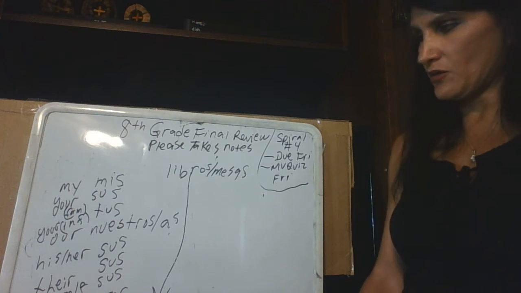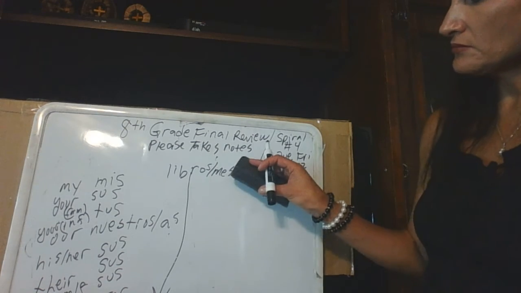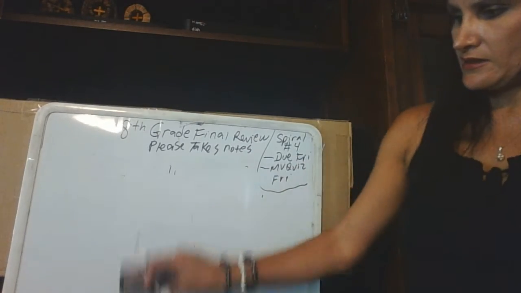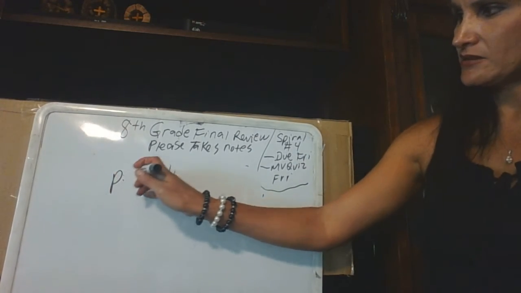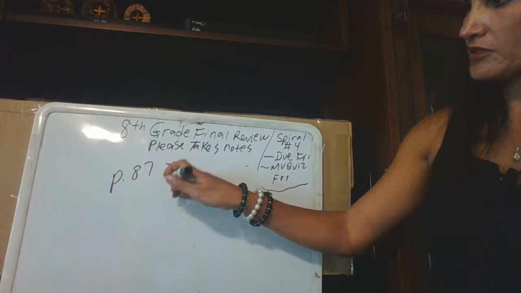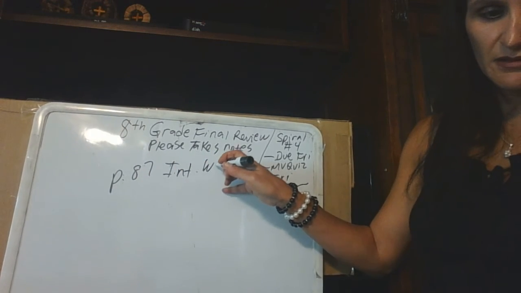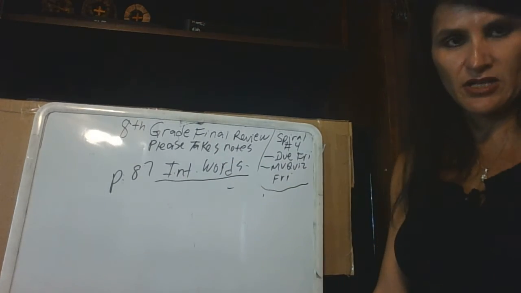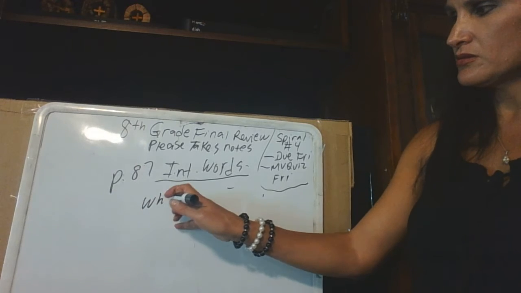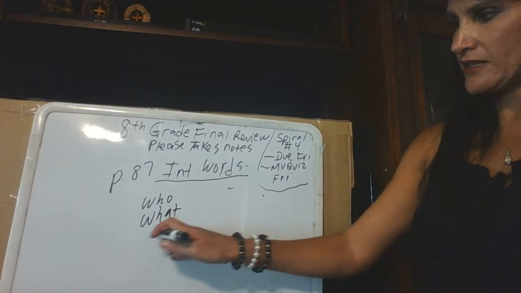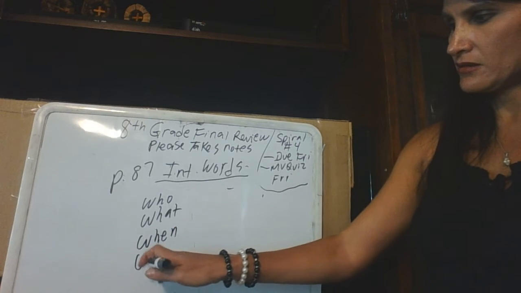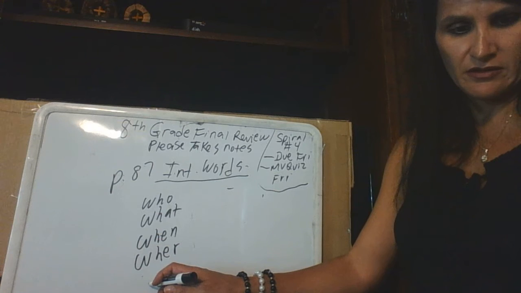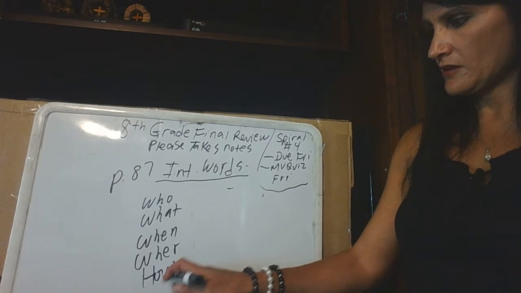I'm going to have you write down page 87, and you need to go review your interrogative words. Remember, the interrogative words ask a question. So it's going to be who, what, when, where, how, and which.